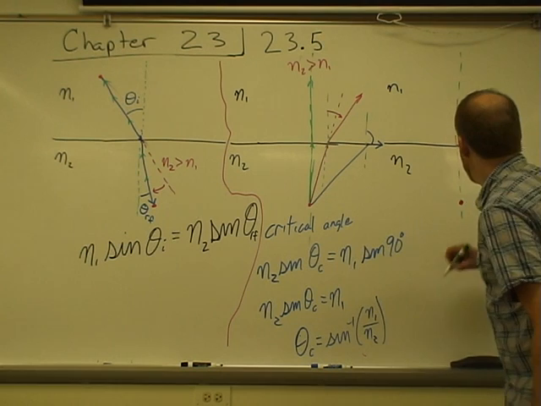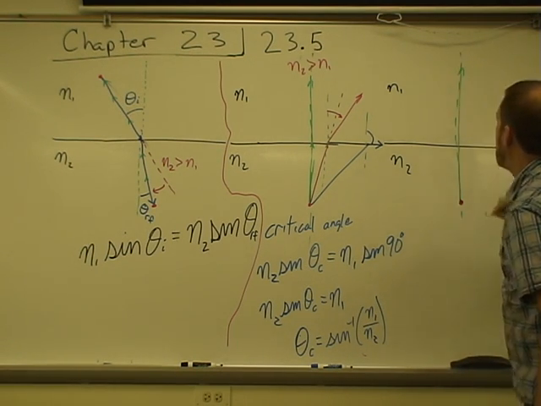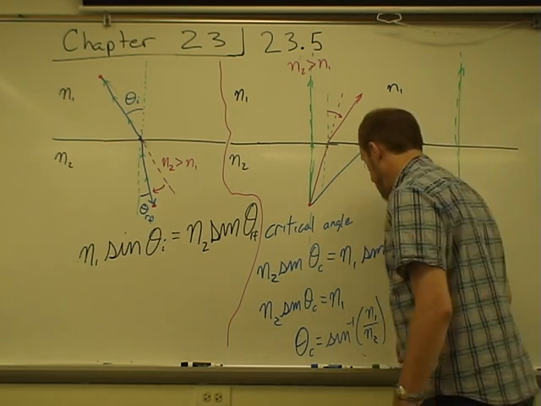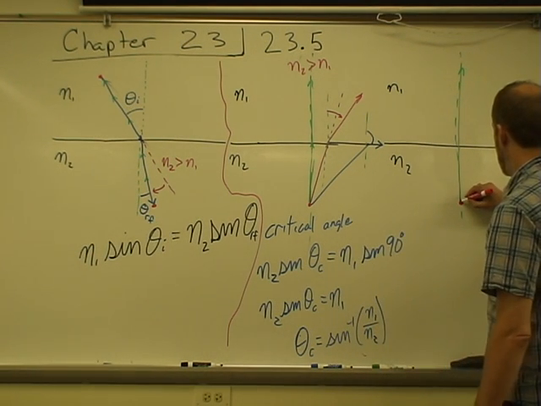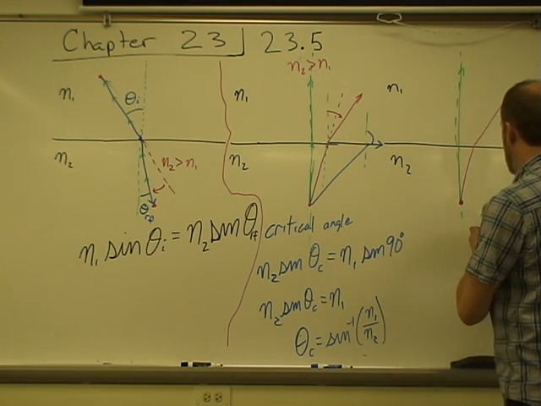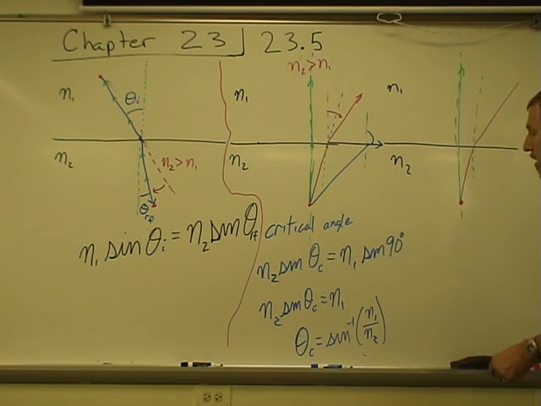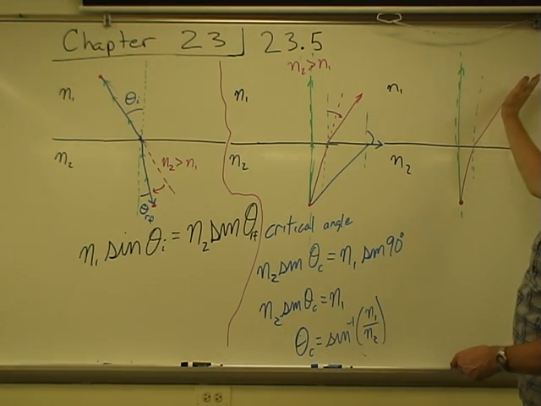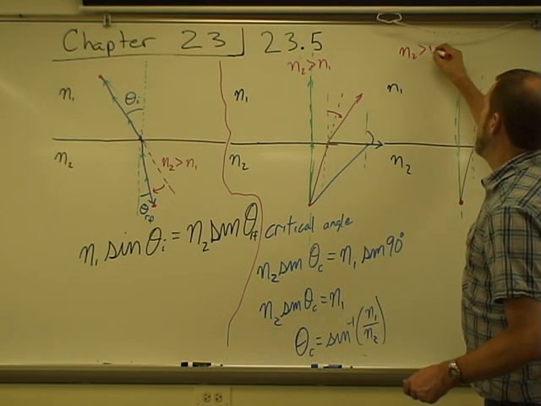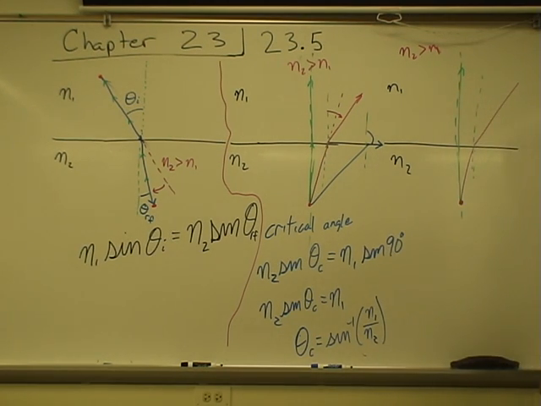Obviously, if I have the light going through that's normal to the surface, that's not deflecting. Light coming through at an angle will be deflected, and if N2 is greater than N1, it'll be deflected farther away from the normal.